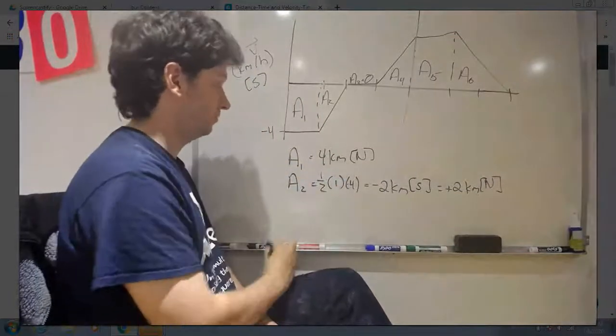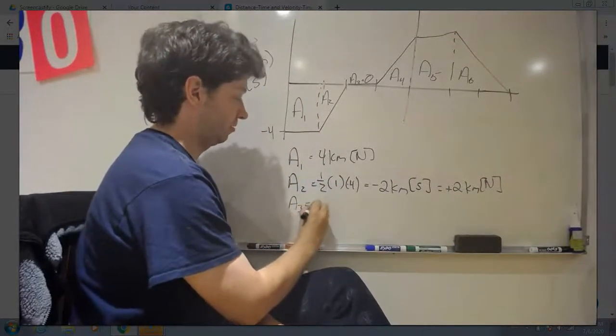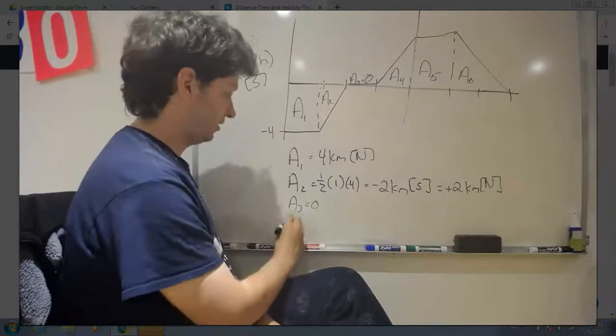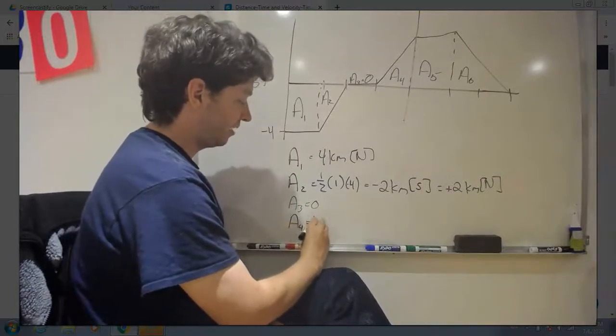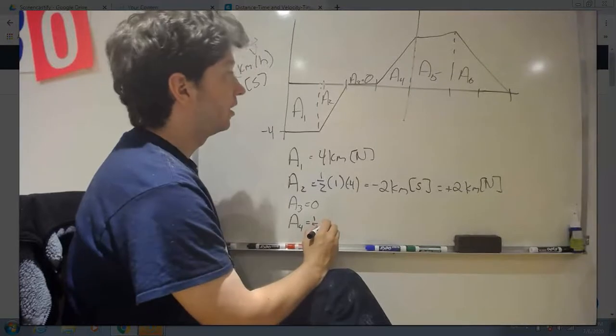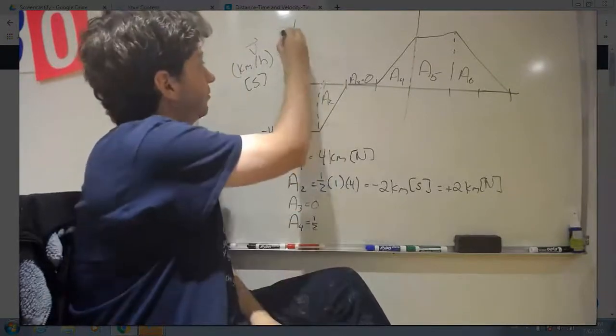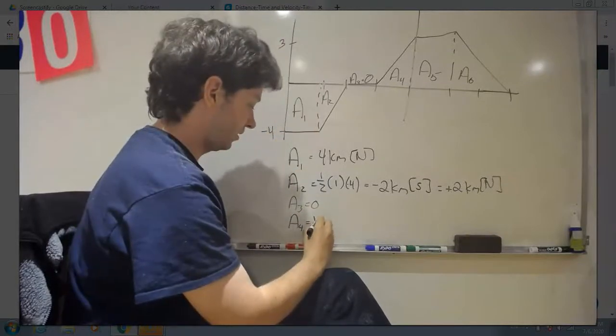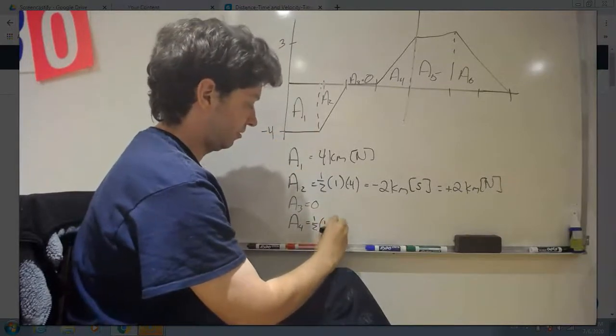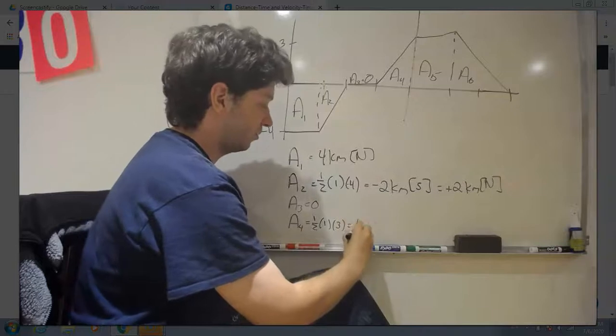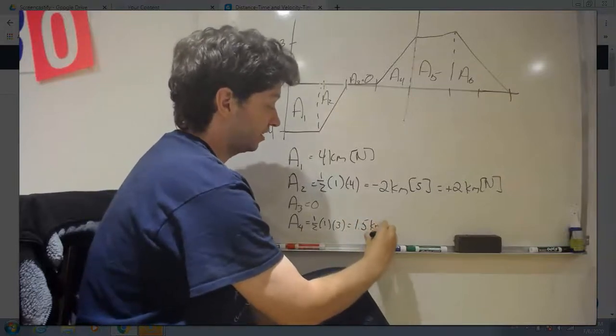A3 is 0. And then A4 is a triangle again. We will have a half. Base is 1. Height is, was it 3? So that's 1 times 3, which gives us 1.5 kilometers, and that's south.